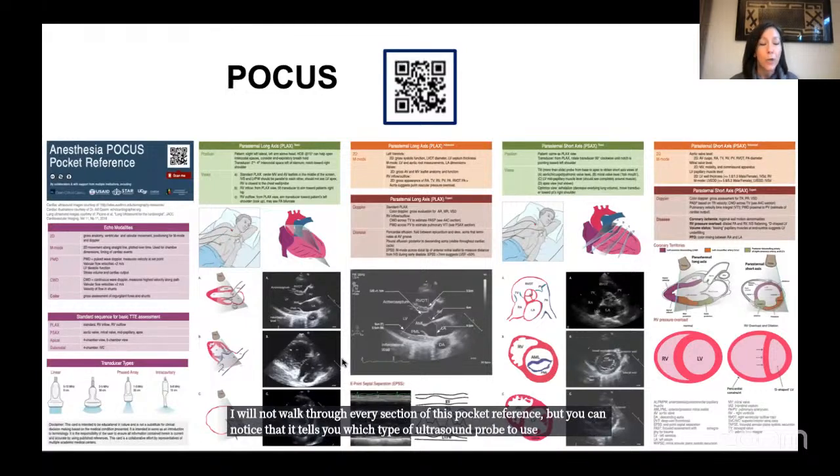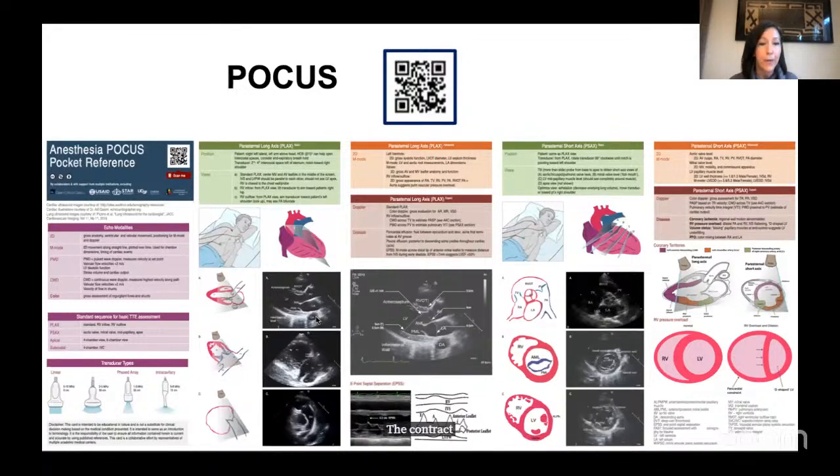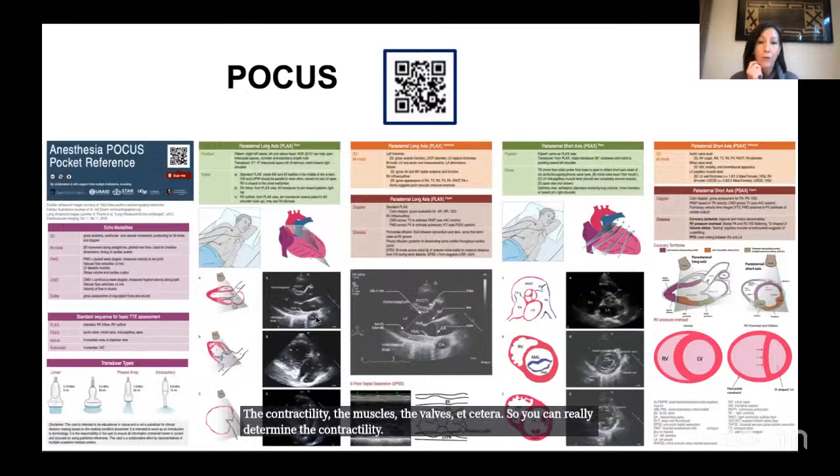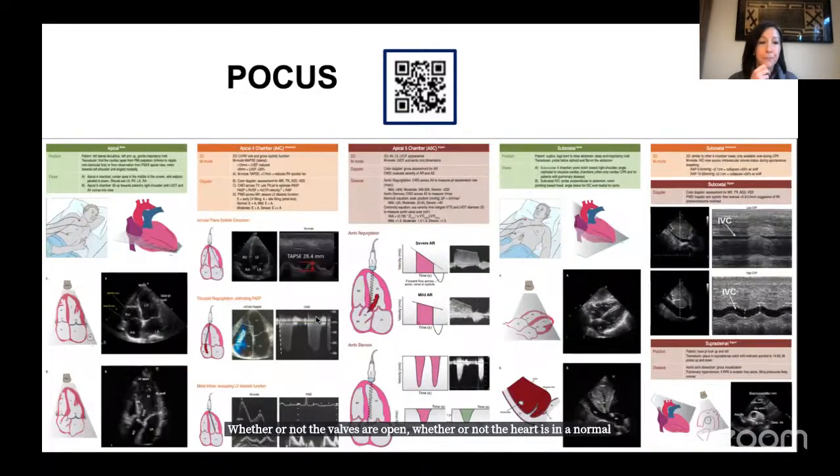It tells you in which position the patient should be, and it tells you which views you can get of the heart. So it's very, very useful for looking at the contractility, the muscles, the valves, etc. So you can really determine the contractility, whether or not the valves are open, whether or not the heart is in a normal sinus rhythm.